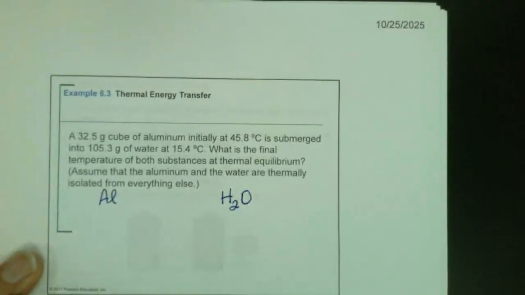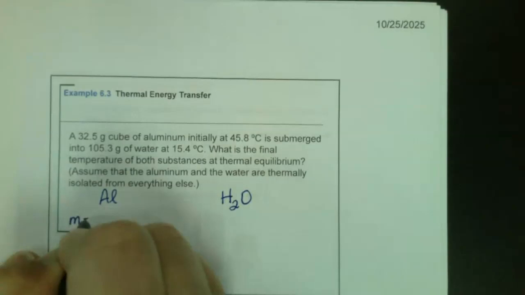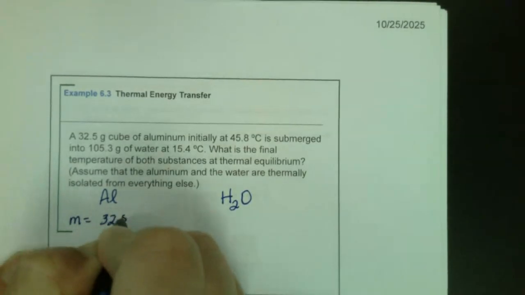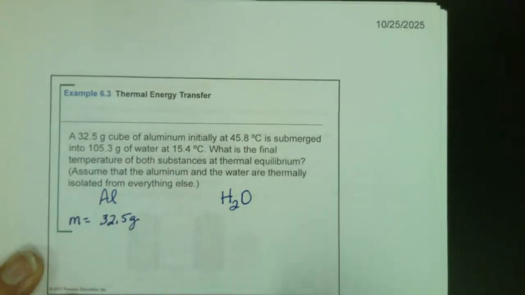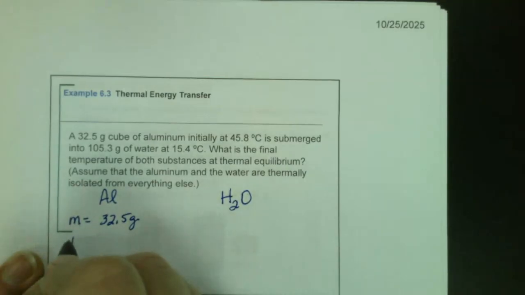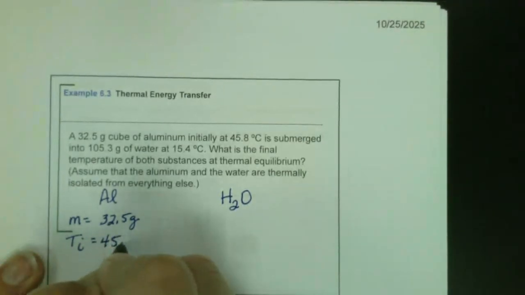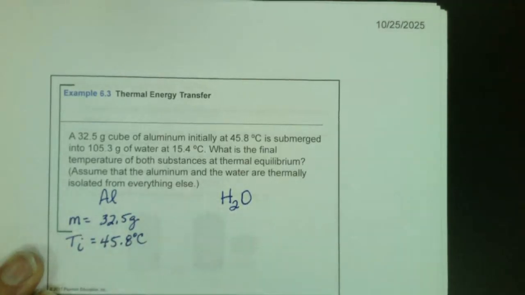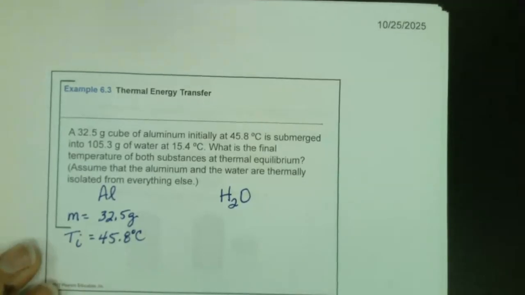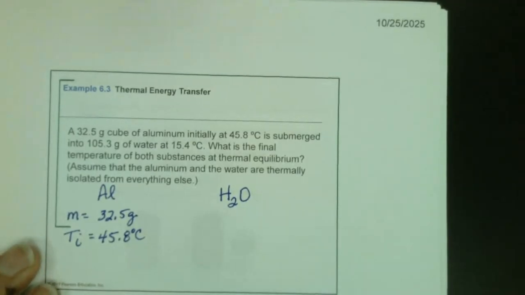And I know from the information they give me that the mass of my aluminum is 32.5 grams, and I know my T initial here is 45.8 degrees C. Now, thankfully, unlike our gas laws, we can keep these in Celsius.